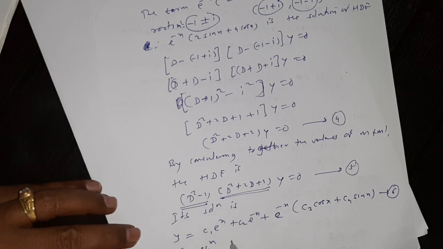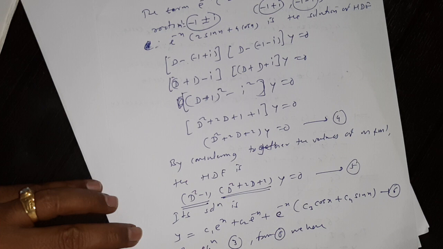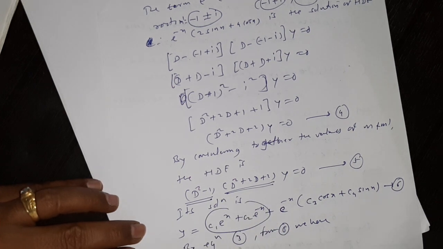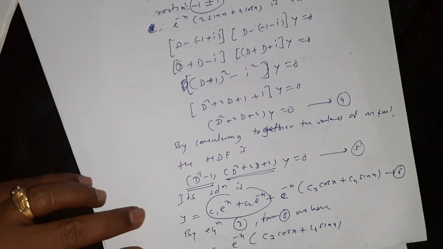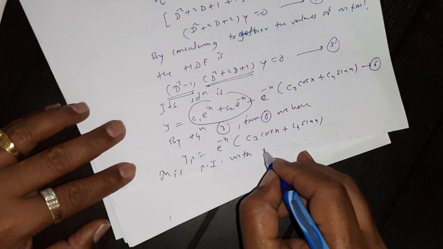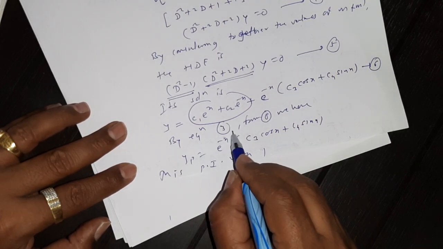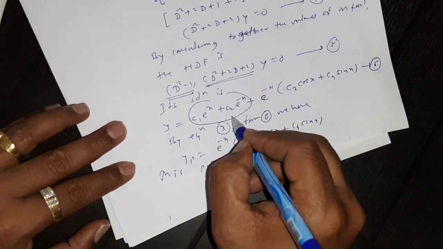So by equation 3 from 6 we have, deleting the complementary function, yp is e raised to minus x (c3 cos x plus c4 sin x). This is the particular integral, the solution of equation number 5.